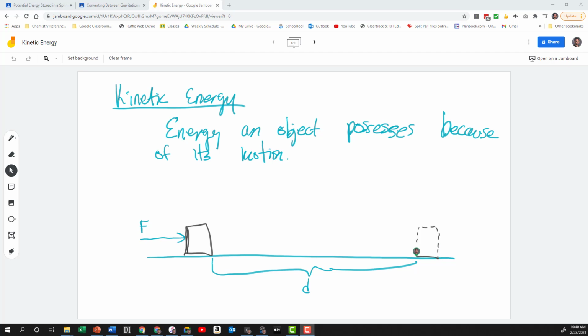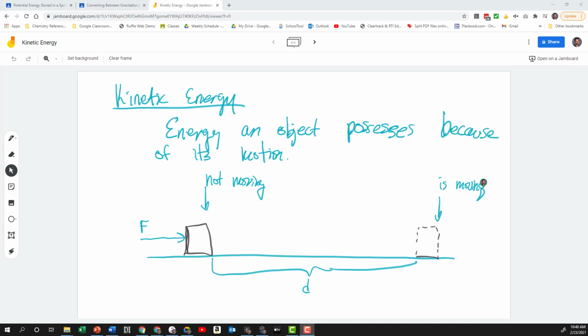As you know, if there's no friction, this box will accelerate as it goes from that first point to the second point, right? So we'll say at point 1, it's not moving, and over here, it is moving.